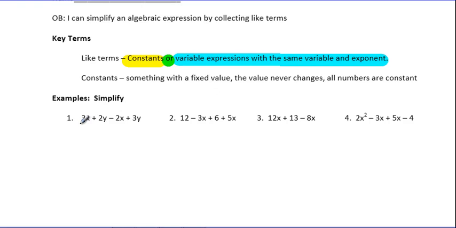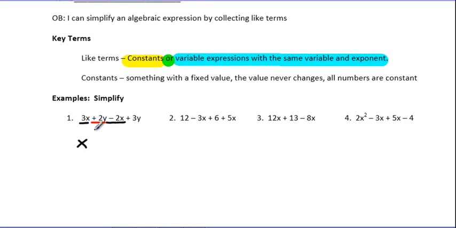So number 1, you'll notice I have 2 pieces with an x. When we combine like terms, we're adding. So we follow the integer rules for adding, which tells me if I have different signs, like I do in this case, I subtract and keep the sign of the bigger number, which is positive 1. I don't need to put a 1 here, but if you do, it's okay.